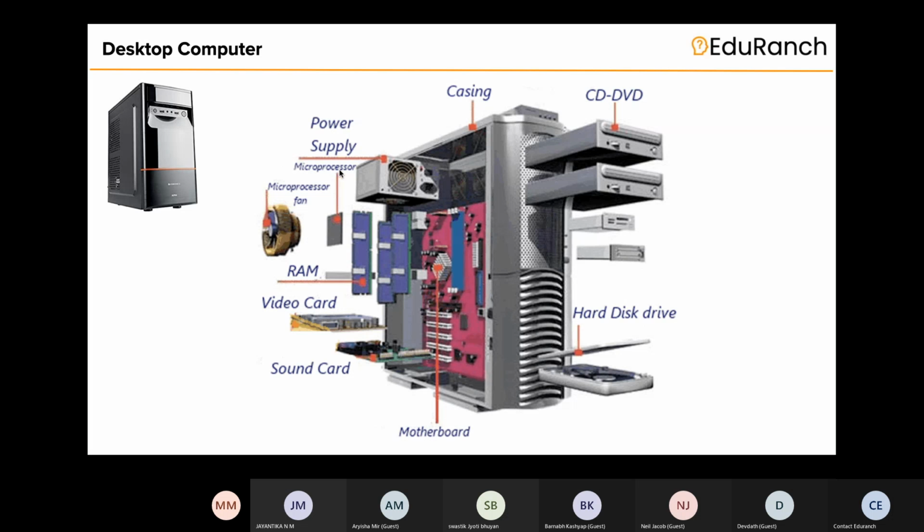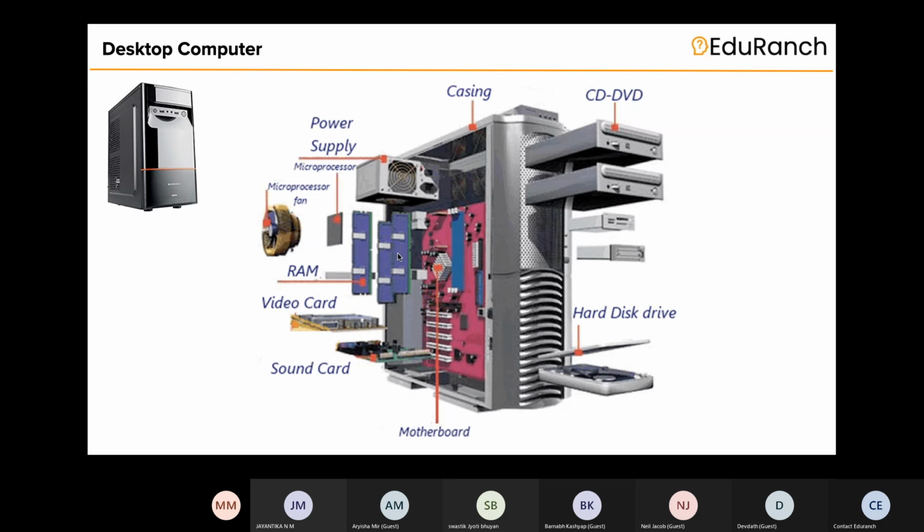Great. Inside this, there are a lot of other components. The first thing is the power supply. You take a power cord and put it into the plug so that power can be drawn into the computer. And there is a motherboard, which is in the pink color, which holds all these components together.